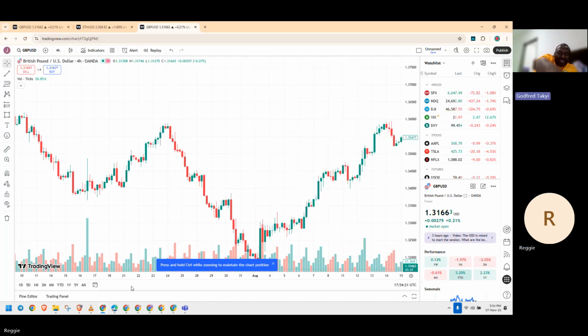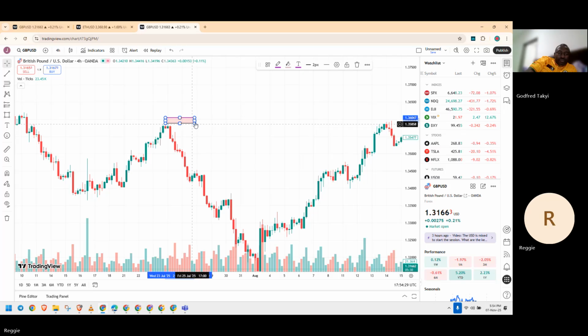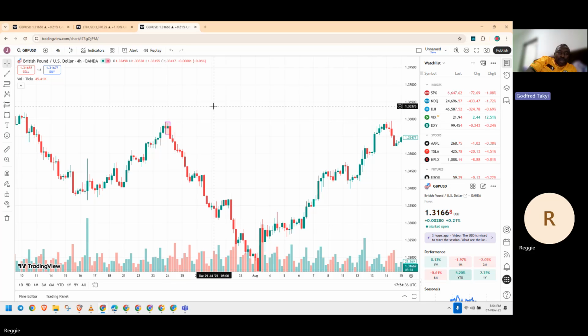So pick the green candle, the small one. Can you see it now? Yes, but pick the green one. That is the order block. It's not the red one. Okay. So you can now enlarge it and stretch it to the right.